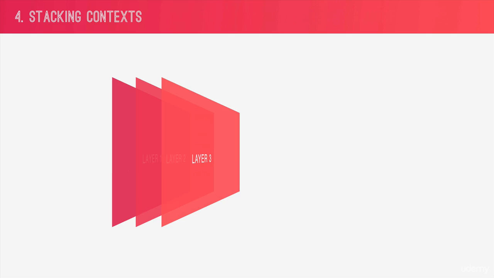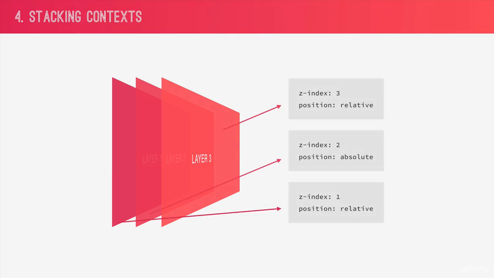In this example, we have 3 stacking contexts, because each element uses the z-index property on an either relatively or absolutely positioned element. And that's one way of creating a new stacking context. Now, between these elements, the one with the higher z-index appears on top, and the one with the lowest z-index appears at the bottom. Now, a common misconception is that only the z-index property creates new stacking contexts, but that's not the case.